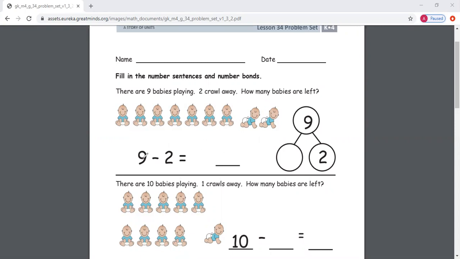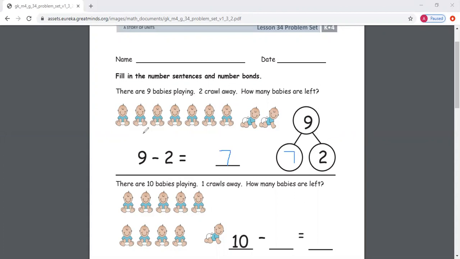So I know 9 minus 2 equals 7. So go ahead and fill out on our mystery line number 7. Where else do I need to put the number 7? Good, in our number bond right over here. 9 is broken up into 7 and 2.